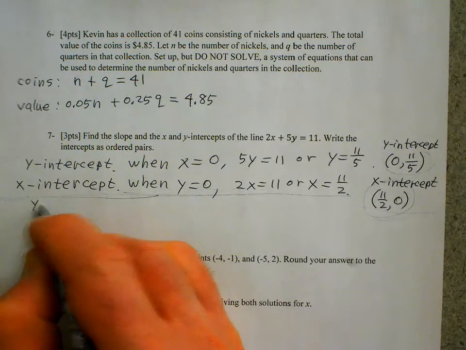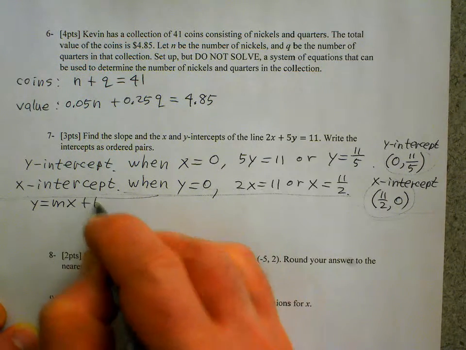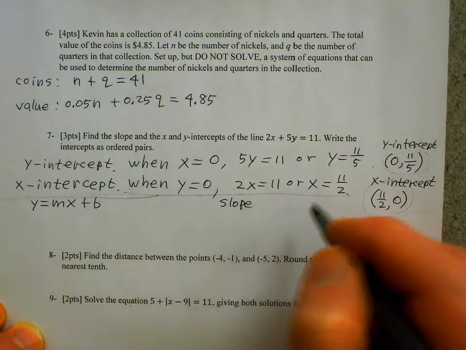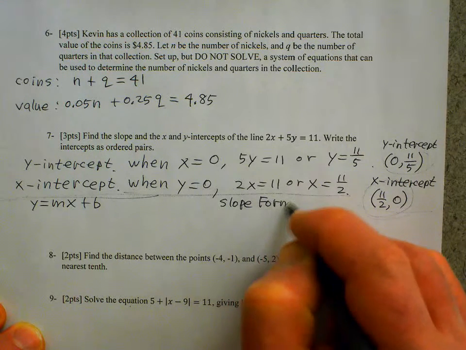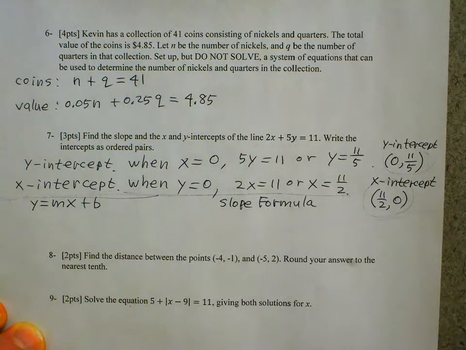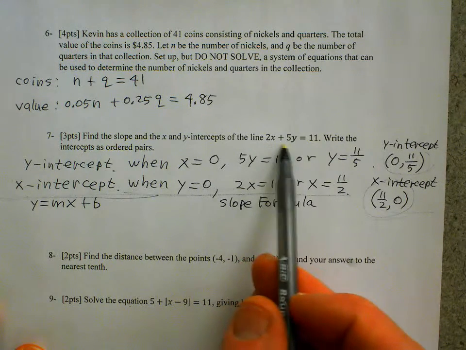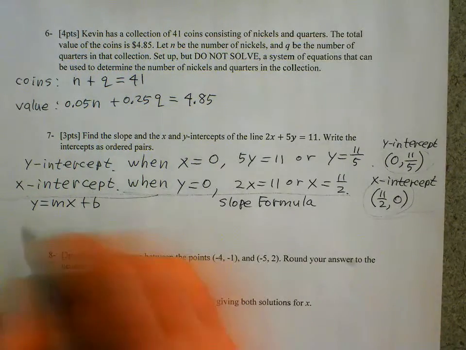Let's rewrite the equation so that it's in the form y equals mx plus b. You need to know both of these things, so let's do both. You also need to know the slope formula. So solve the equation 2x plus 5y equals 11 for y.